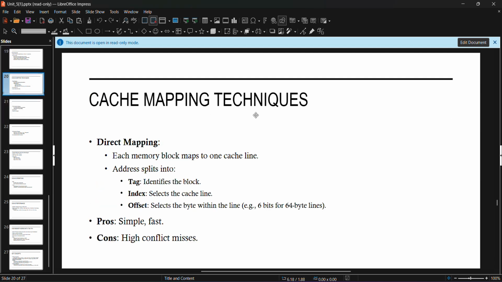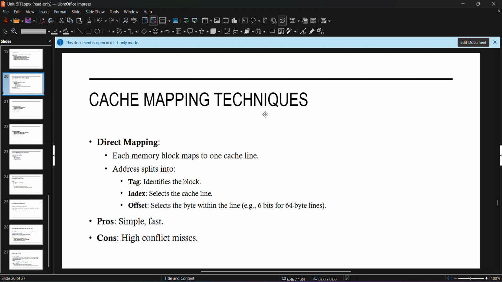Caching techniques determine how data from main memory is mapped and managed within the cache, helping the CPU quickly find the data it needs and improving performance.